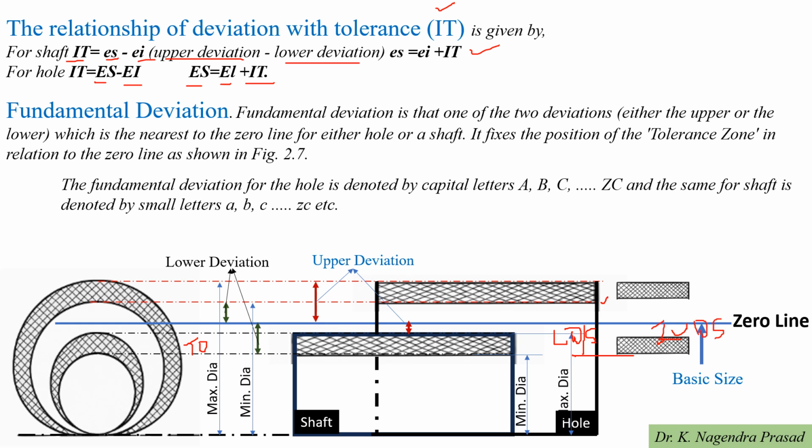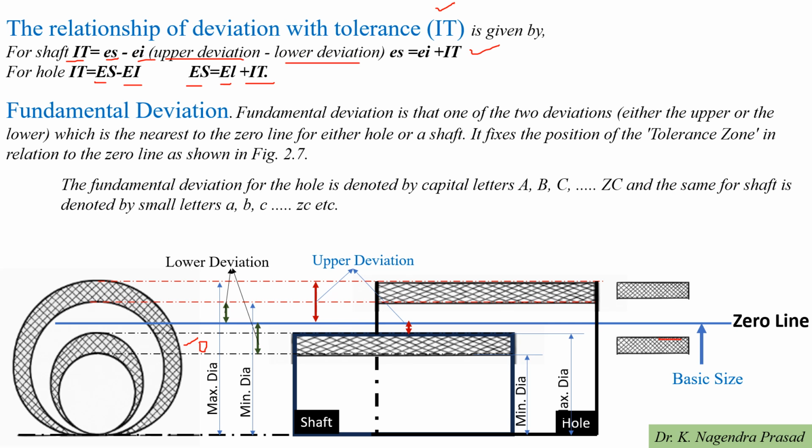Among these two deviations, the upper deviation for the shaft is near to the zero line, so the upper deviation of the shaft we are calling the fundamental deviation. And fundamental deviation fixes the position of the tolerance zone in relation to the zero line. It is represented schematically in the figure.